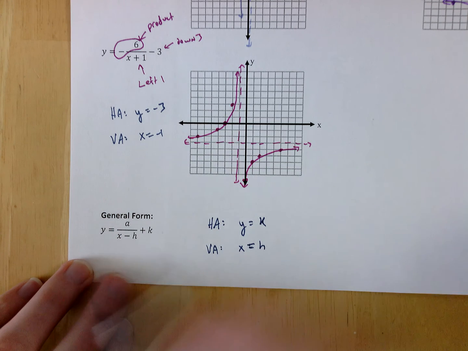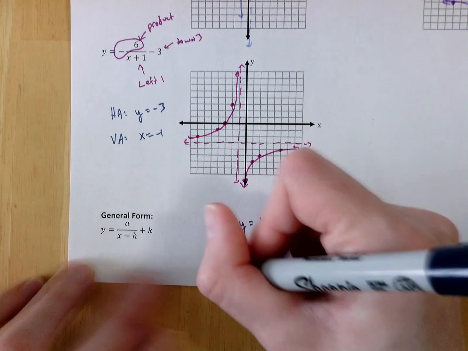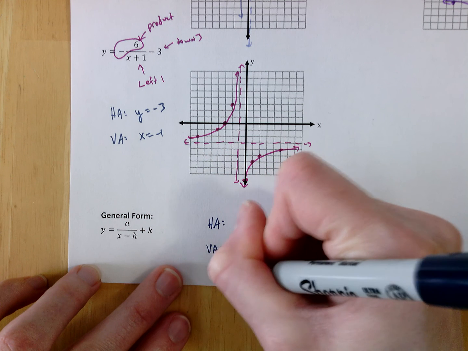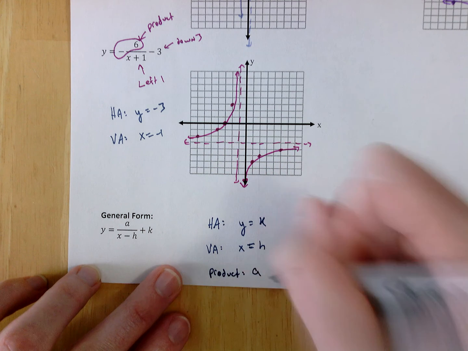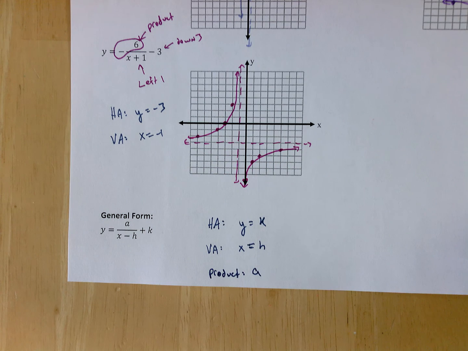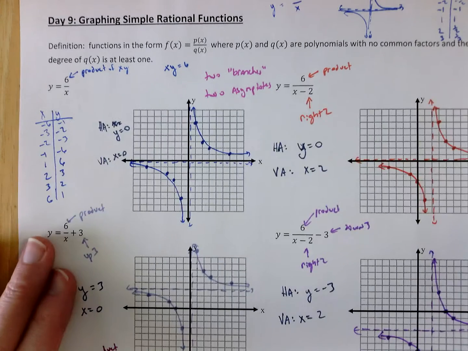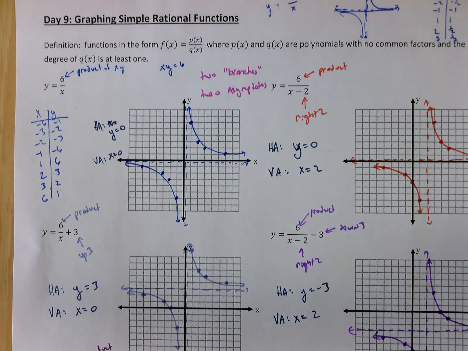And then finally, your product is always that a value. So that's the generic format of this equation and what you pull from it. That is step one of how you graph simple rational functions where you just have a product that you need to deal with and some shifts.